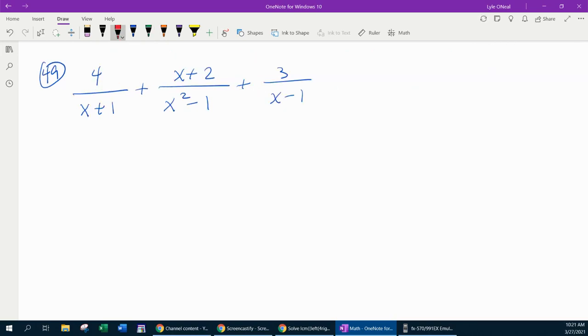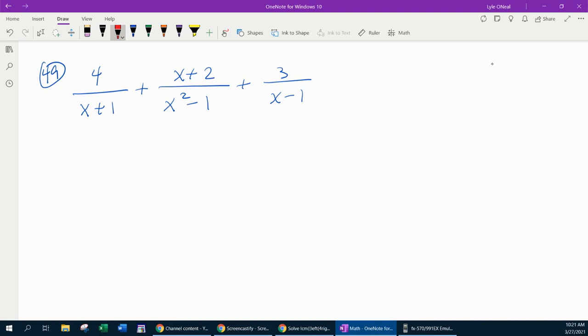All right, next example. Here we have number 49. We're going to add 3 fractions. And if you're going to find the LCD of 3 algebraic expressions, here you need to factor completely. Every denominator needs to be factored completely.